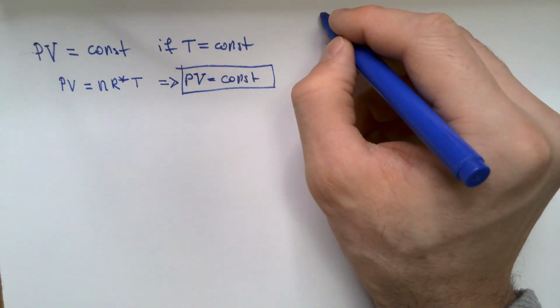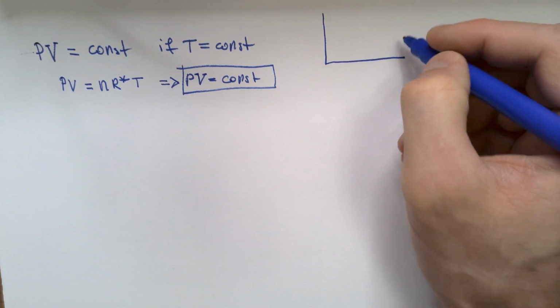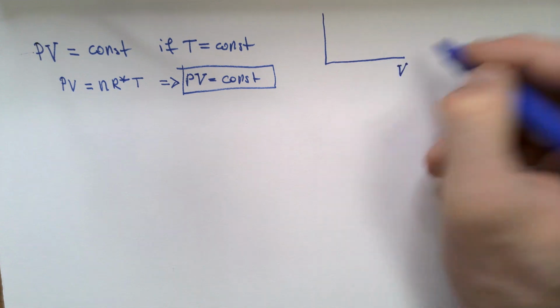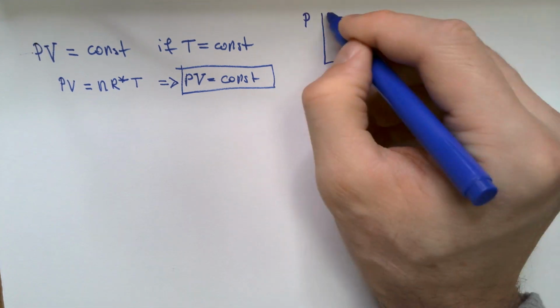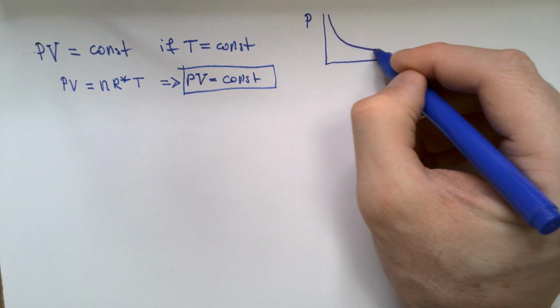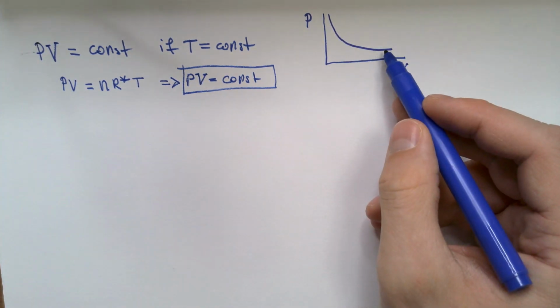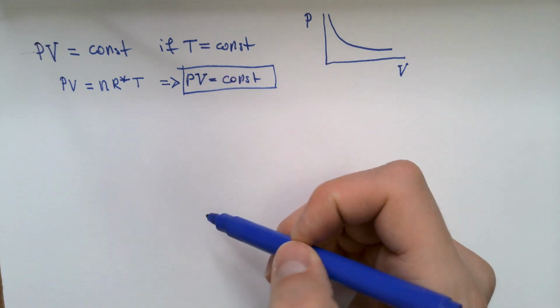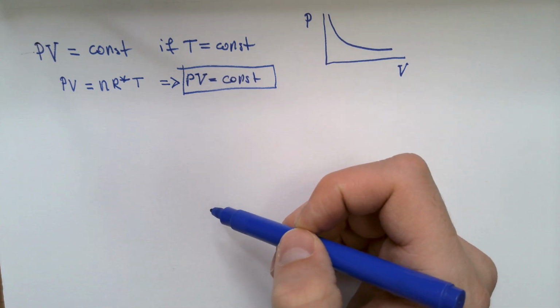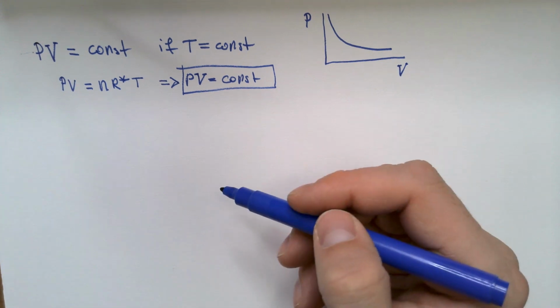Of course, we can represent this graphically. If we plot volume over here and pressure over here, then the relationship is like this. As we increase volume, pressure needs to decrease for constant temperature to satisfy Boyle-Mariotte's law.